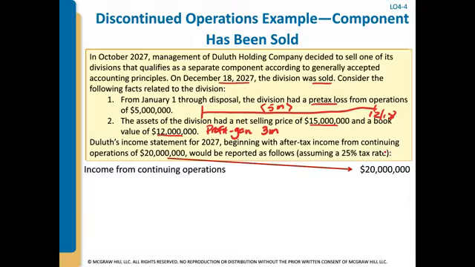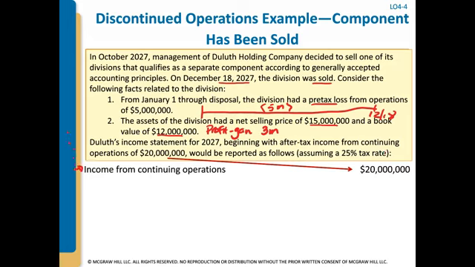It continues to tell us Duluth's income statement for 2027, beginning with after-tax income from continuing operations of $20 million, would be reported as follows. So this is showing you the income statement.